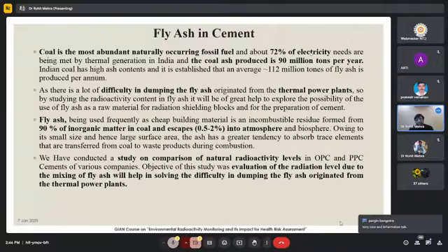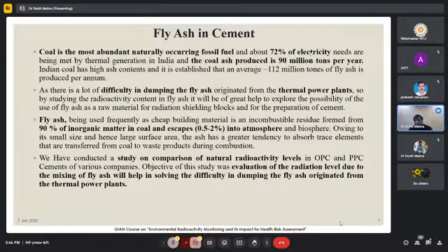Second is, as it is the residue of the coal, depending upon its properties and finer particle size, the permeability gets reduced and the concrete gets a lot of strength.